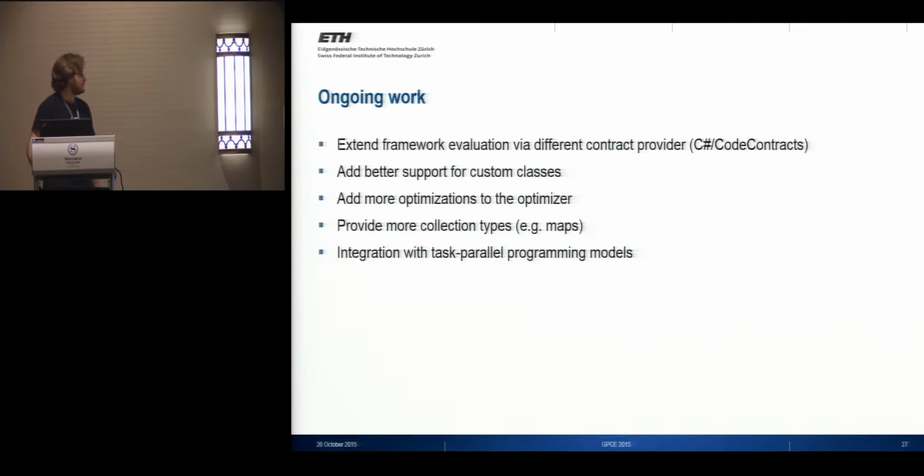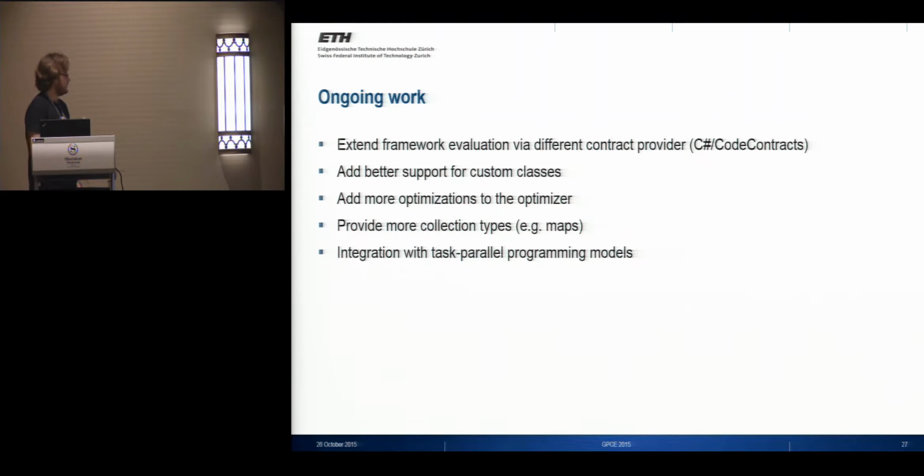So there's still some ongoing work on this project. First, we want to extend this evaluation with different contract providers, for example, C# and CUDA contracts, to reach a slightly different community and maybe have more interesting benchmarking results. We have to add better support for custom classes, that's not primitives.